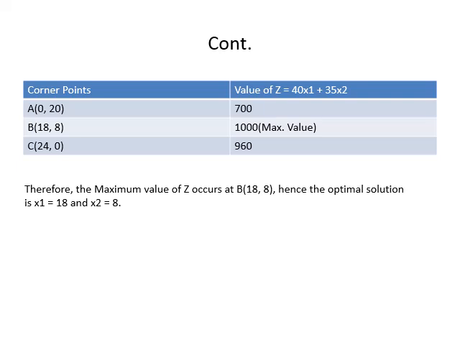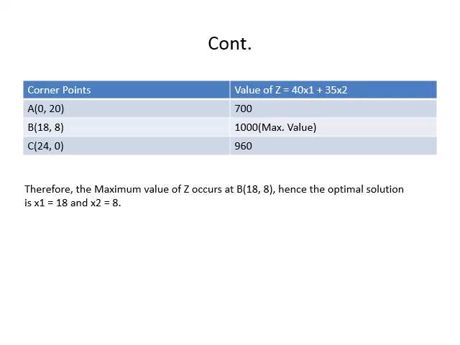The next corner point B, Z equal 40 times 18 plus 35 times 8, the result is 1000. The last corner point is 24, 0. Z equal 40 times 24 plus 35 times 0, and the result is 960.